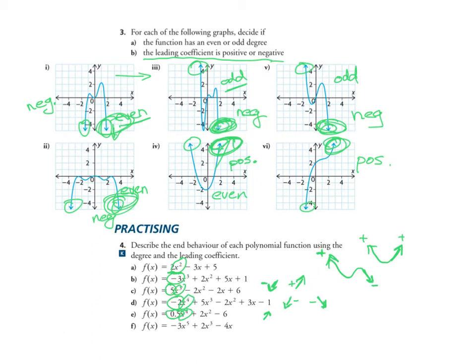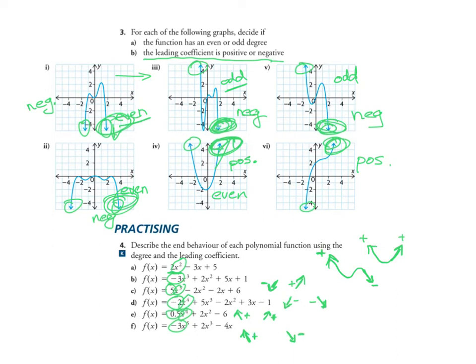And degree 4, that's even, so they're both going to be the same. So up and up. And last but not least, the leading coefficient is negative, so ends down. And odd degree, so it's going to be opposite. It's going to start up and end down.